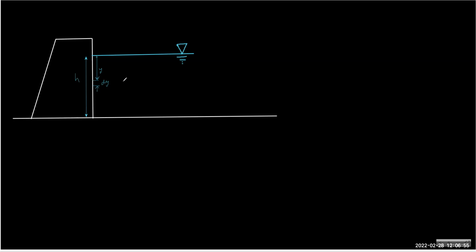So what you can write is, the pressure is how much? We know the pressure is rho gy. So force, how much force did we write? dF equals rho g y L dy. So we can write F equals rho gL, integral of y dy from 0 to h.